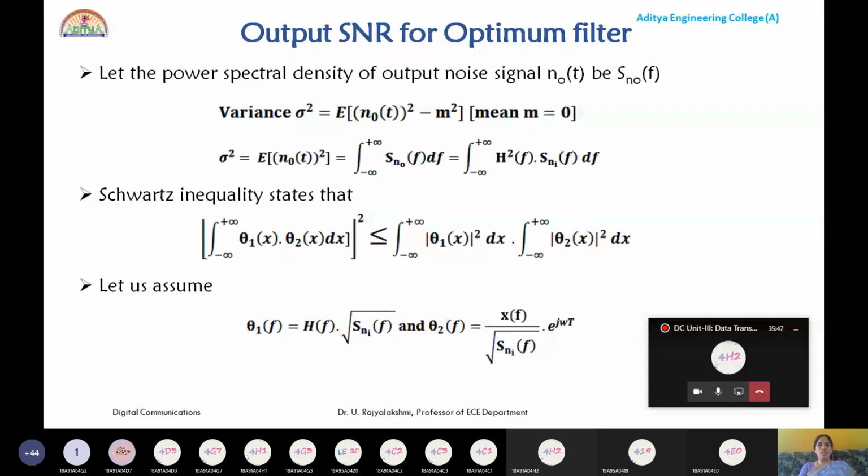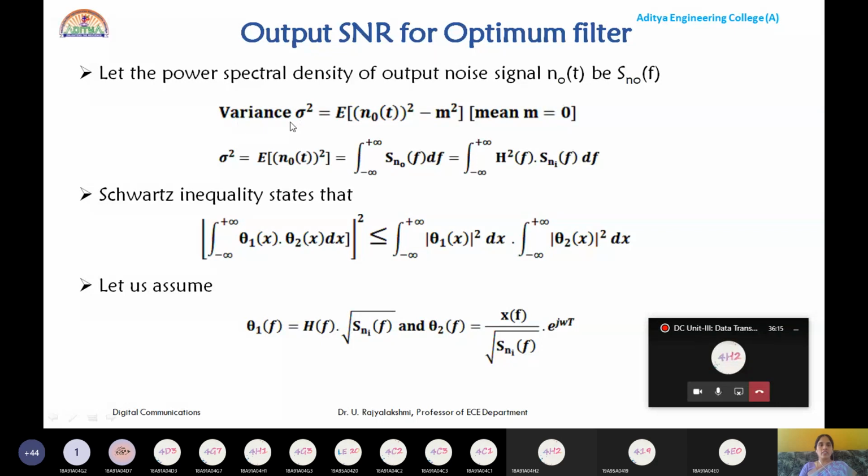What is output SNR? Let us assume the power spectral density of the output noise signal n naught of t be S n naught of f. I am using the same expressions we used in the case of the general baseband signal receiver, where we defined S n naught of f as the power spectral density of the output noise signal.